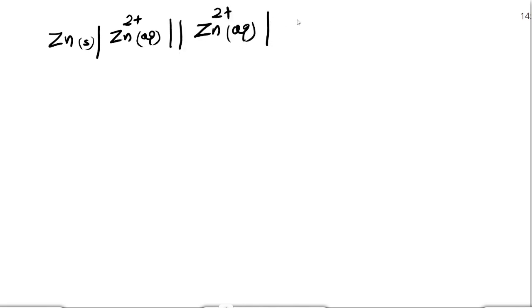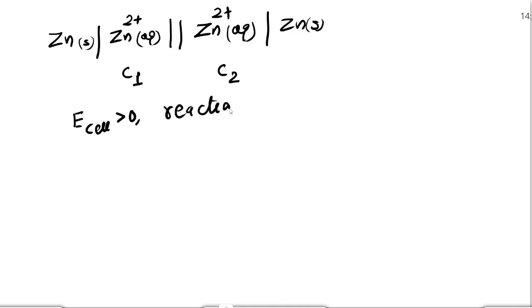So while looking at the reaction, how do you know the feasibility? This is the reaction. This is the concentration C1 and this one is C2. So tell me, how do you figure out that this reaction has E cell greater than 0, or we can say the reaction is spontaneous?